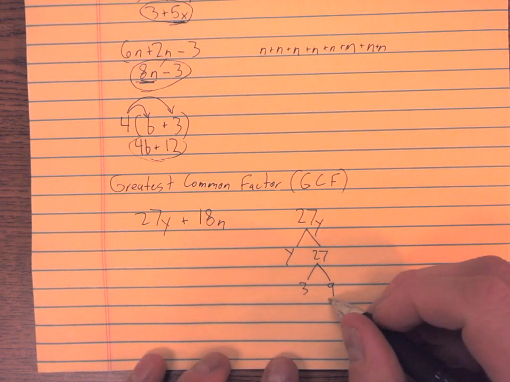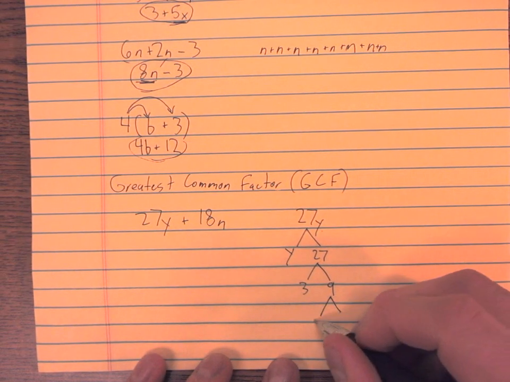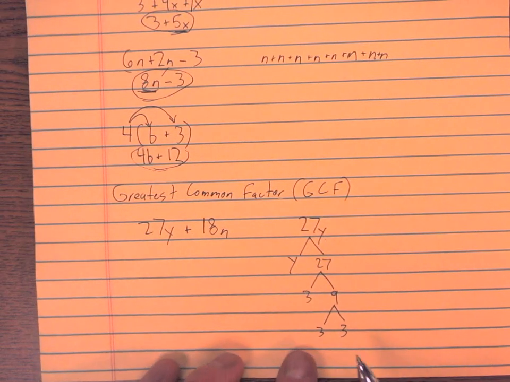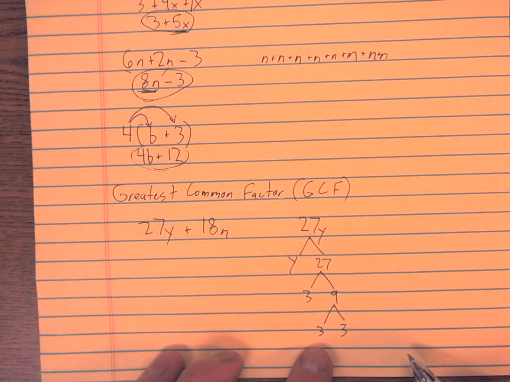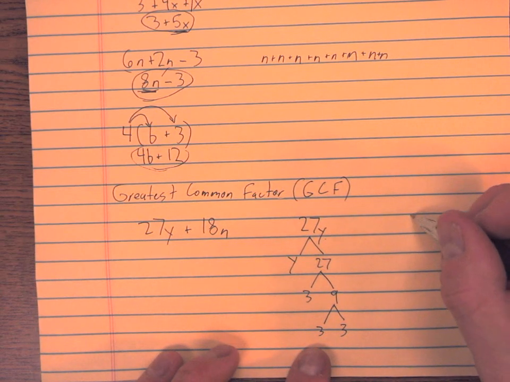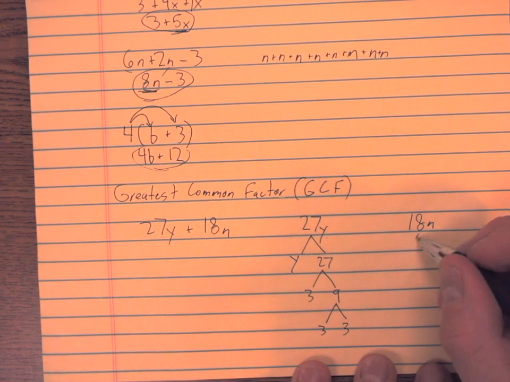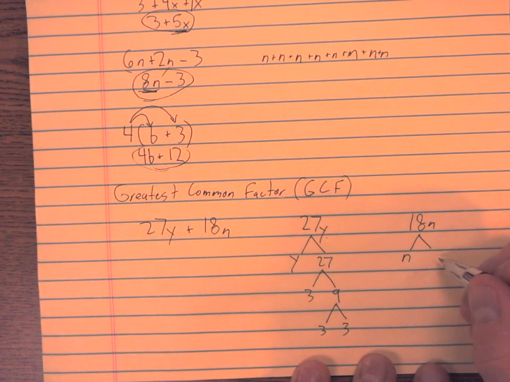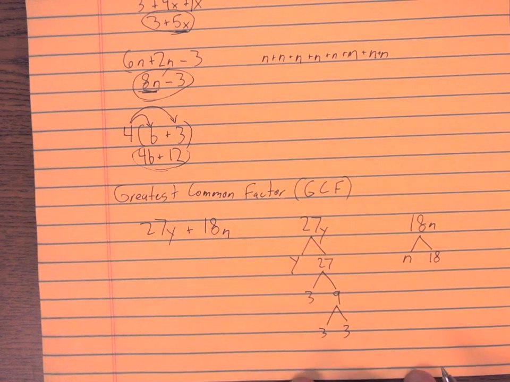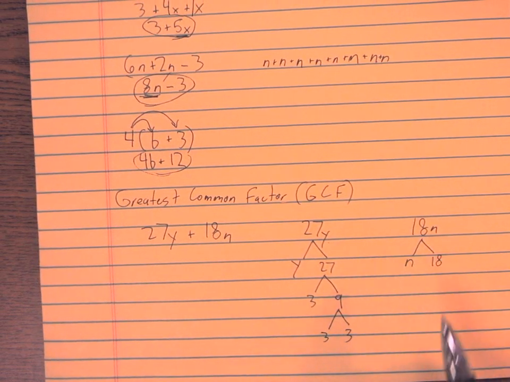I can continue with the 9. I can separate that into two 3's. Now I'm down to as small as I can go with my factor tree. Then I look at the other term that I have, 18 and n. Again, I want to separate out my variable from my number, because n times 18 is going to get me 18n.